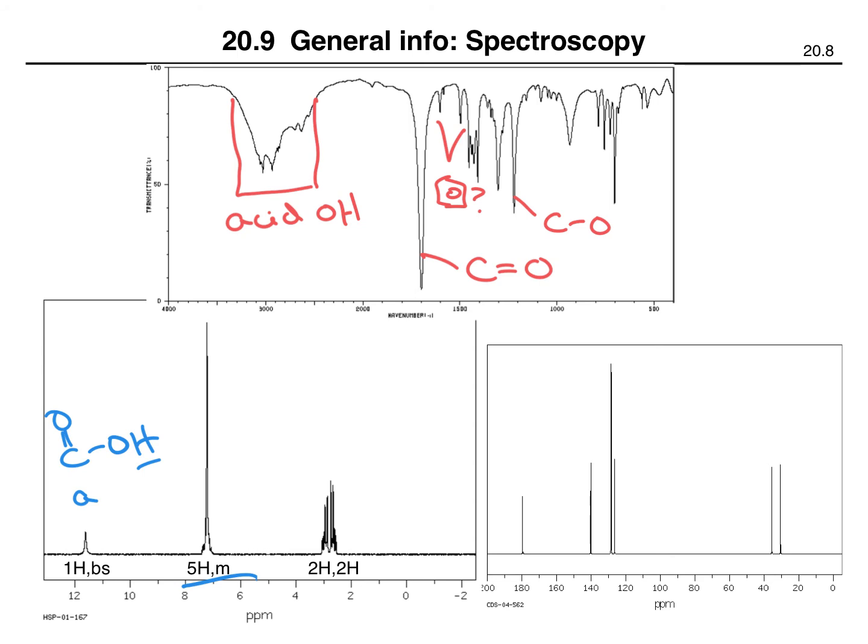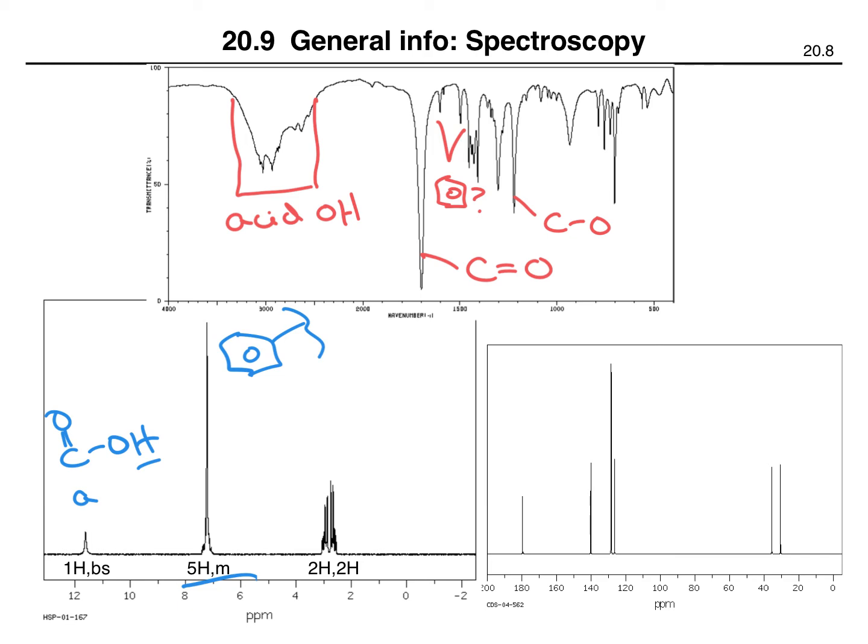Next, we have 5 hydrogens. It is a multiplet at just over 7 ppm, so this is going to be a benzene with one substituent. Keep in mind, these hydrogens are different from each other, but they're all overlapped on top of each other.